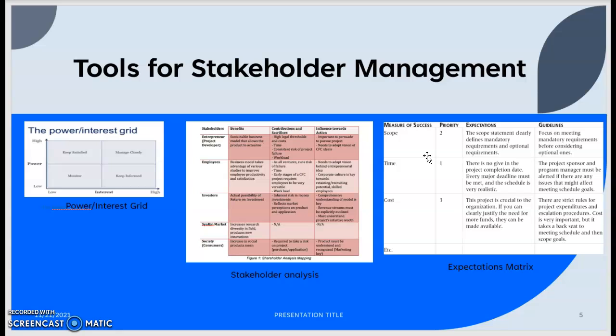Now, they aren't just restricted to these tools. You can also use tools such as instant messaging, email, and chats. But one thing you want to take into consideration within this agile methodology is that you need to have access to your stakeholders directly.